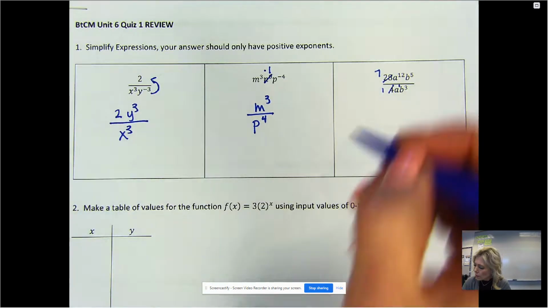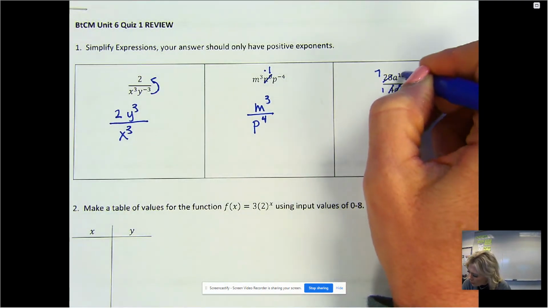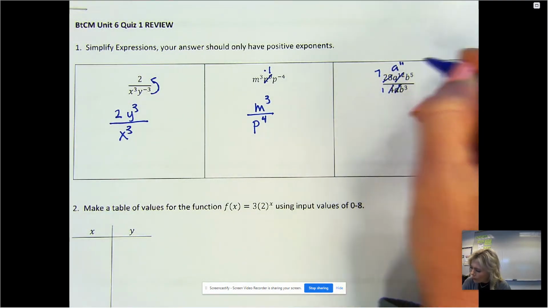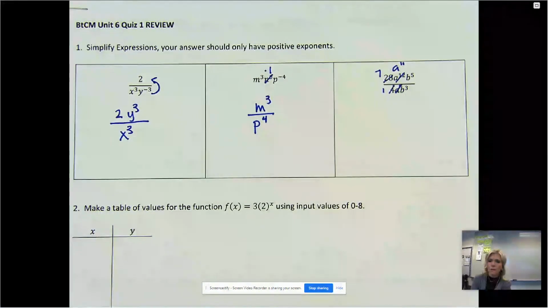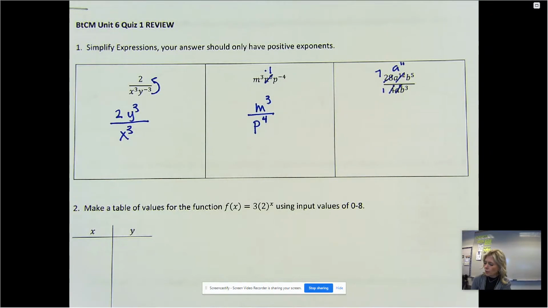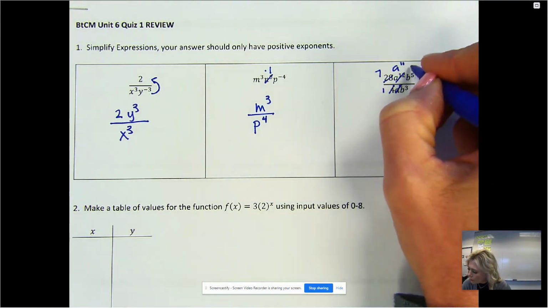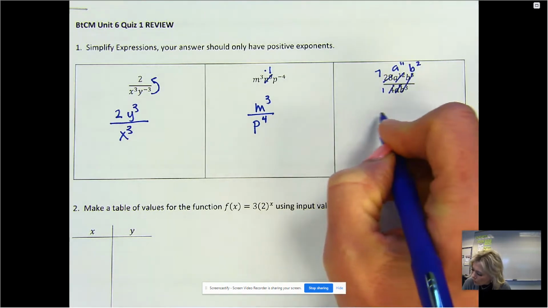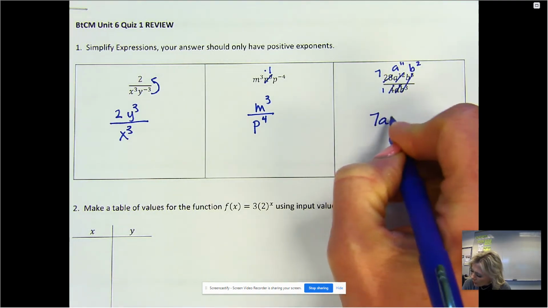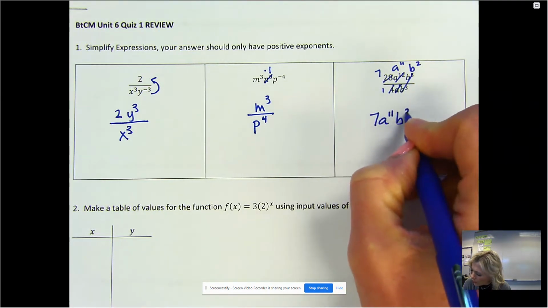And so this will be a to the 11th. 12 minus 1 is 11. And then same idea with the b's. The b to the 5th divided by the b to the 3rd is b to the 2nd, because 5 minus 3 is 2. So the final answer is 7, a to the 11th, b to the 2nd.